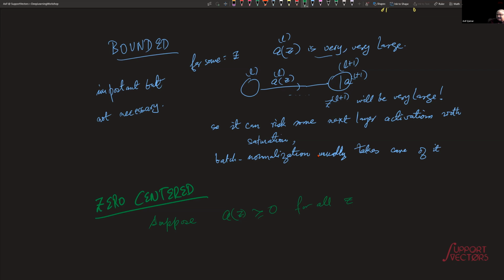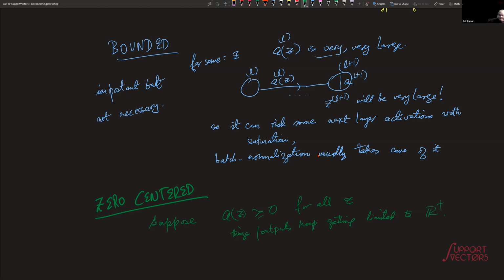So then what happens? Your outputs keep getting shifted to the positive, keep getting limited to R plus, the positive values. And so you lose half the number line for the next layer. You have squashed it to only the positive values.